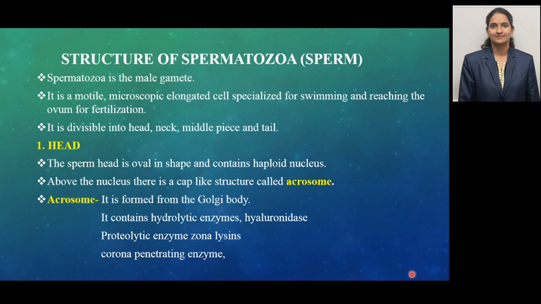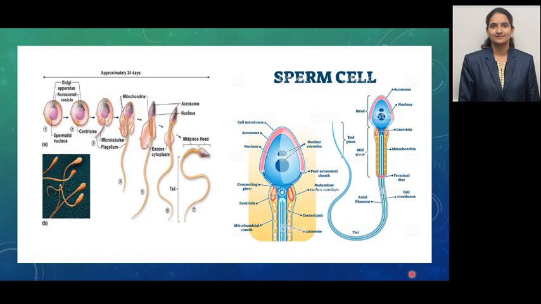Let's see from the diagram. During spermiogenesis, in the spermatid, the Golgi apparatus moves towards the upper region to form the acrosome. See, the Golgi apparatus and acrosomal vesicles proceed towards the upper region.